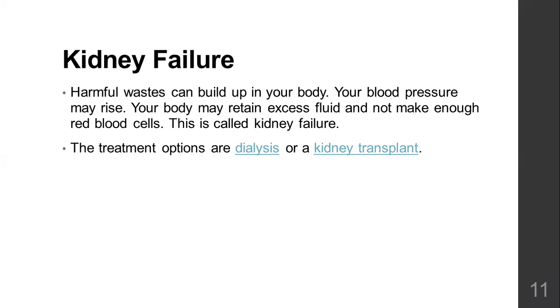Treatment options: you have dialysis or kidney transplant. If you have reached the stage of kidney failure, you only have two options: keep the dialysis going, and if by chance you have a donor ready for transplantation, you can transplant. And not every transplantation is a successful case.